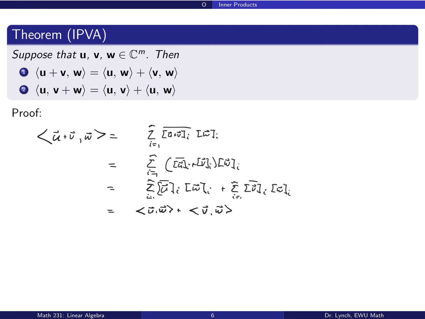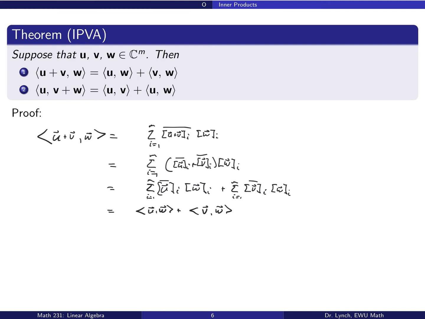We see that the inner product of a vector with another vector is the sum from i equals 1 to n, where you take the product of the conjugate of the first element with the second element. We know that when it comes to vectors and their components, the conjugate of a sum is the sum of the conjugates.